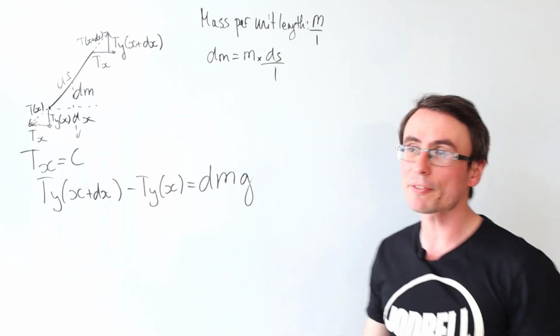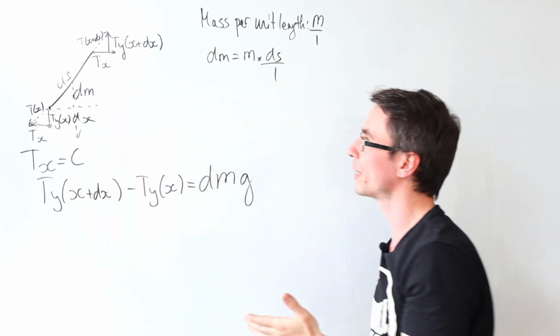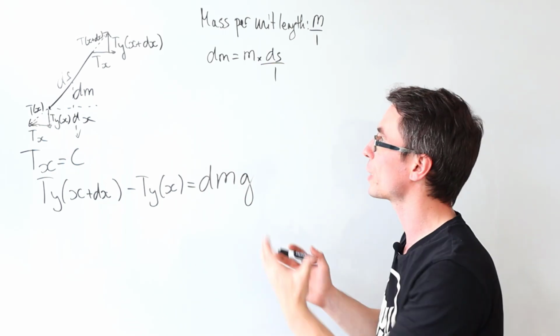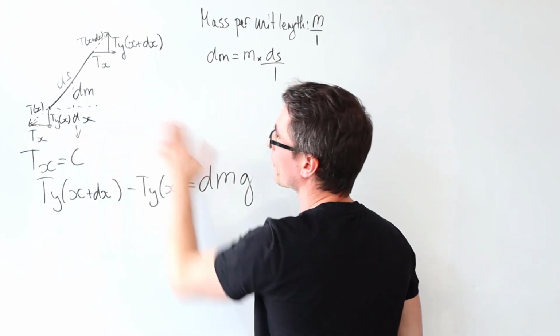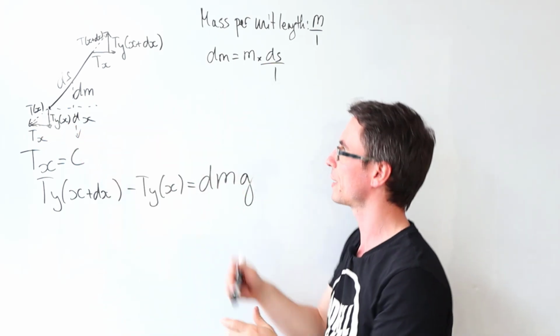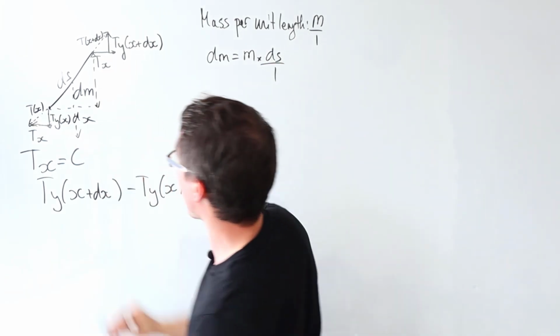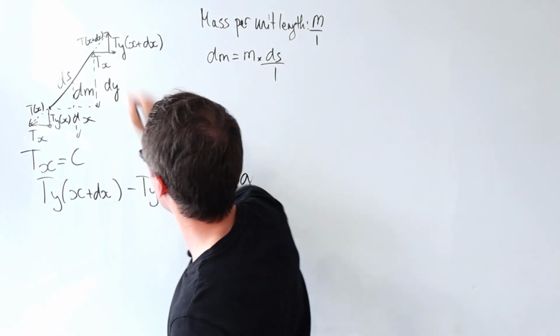Okay, my second bit of mathematical trickery would be to express this ds coordinate in terms of the geometry of the situation, in terms of dy and dx. So we already know that the length of this small segment is dx. Let's also say that the height is going to be dy.